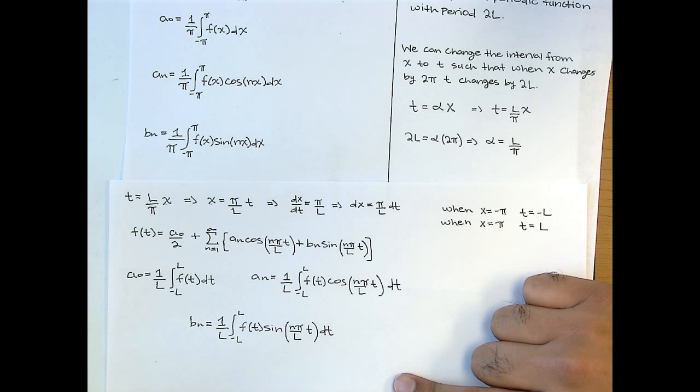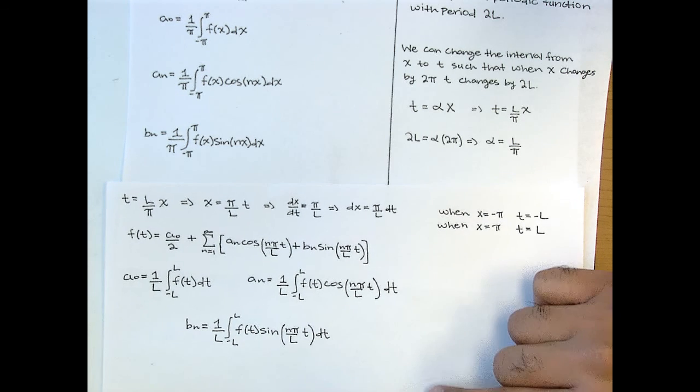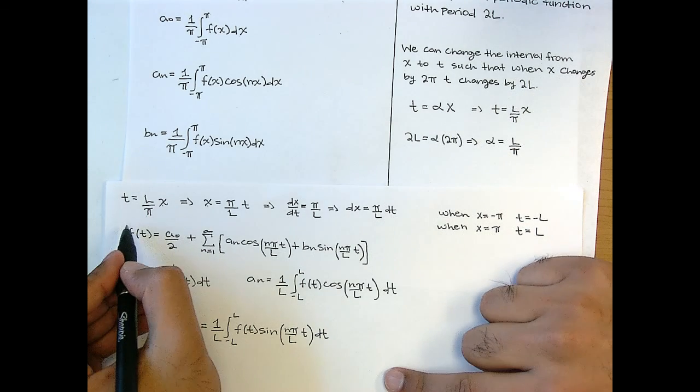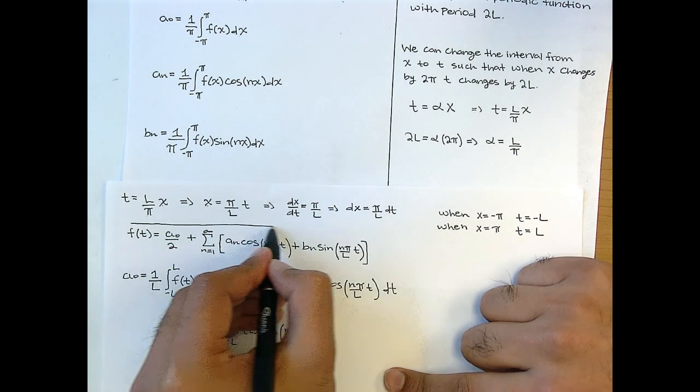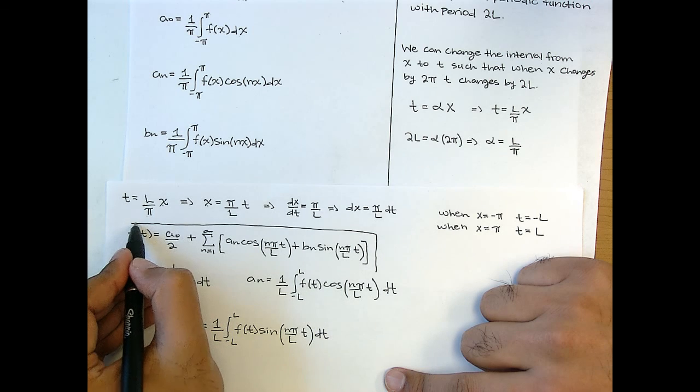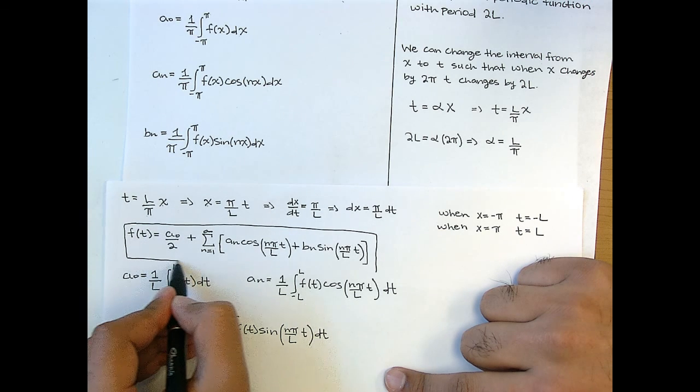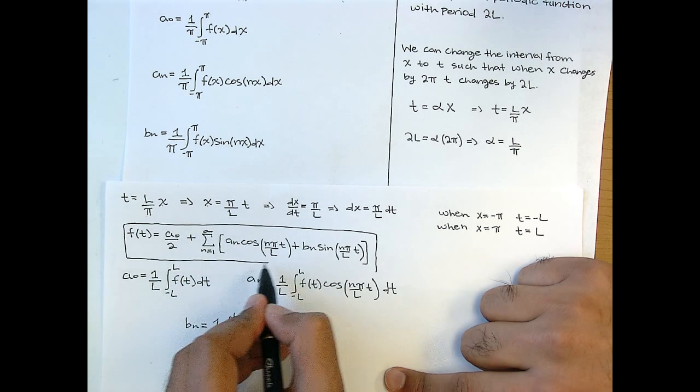Okay, so this now gives us our Fourier series of a function that is 2L periodic.